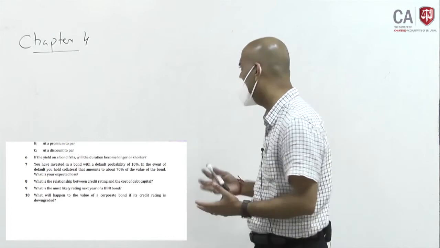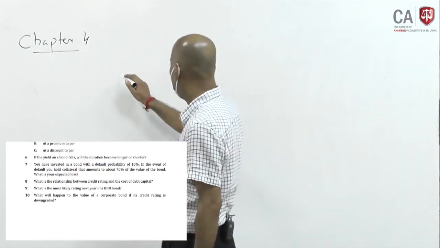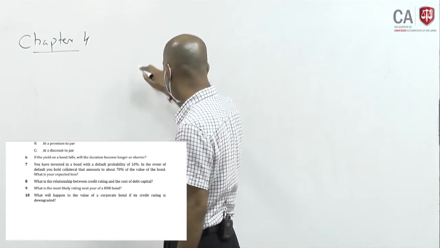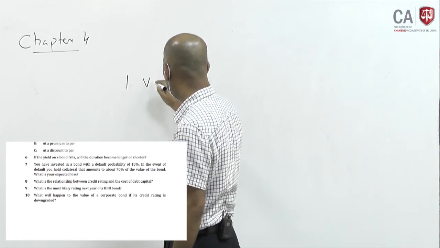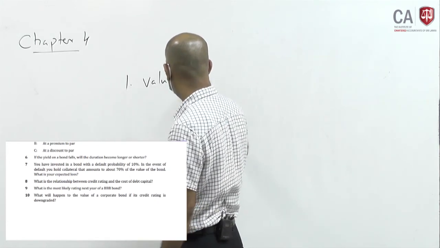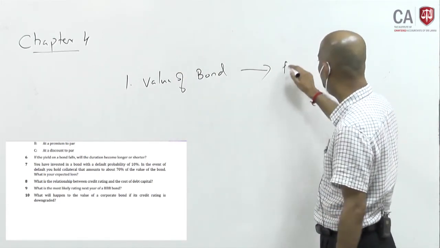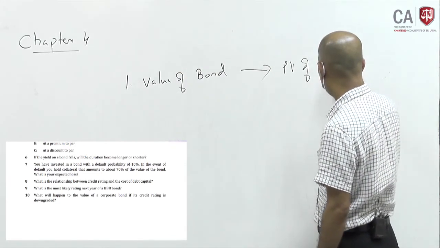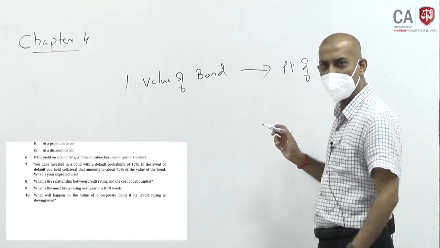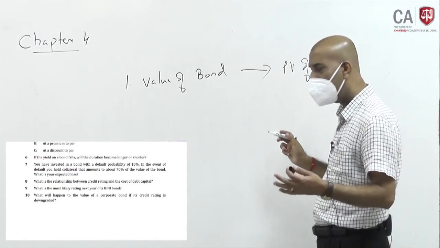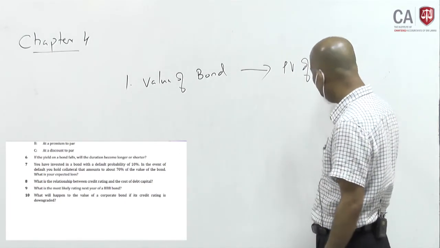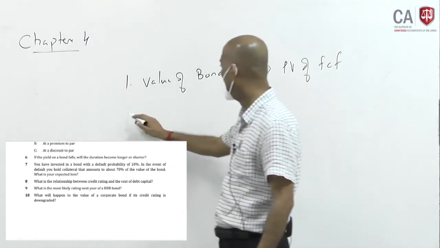So what we have learned, the main things under valuation of bond. One, how to calculate the value of your bond. That is simply your present value of future cash flow. Like share valuation and the free cash flow basis of share valuation, present value of future cash flow is the value of the bond.